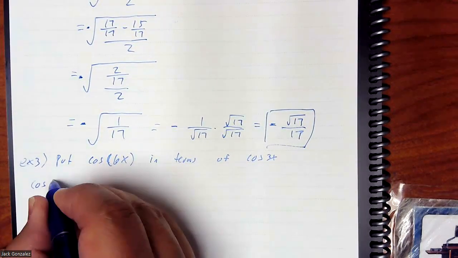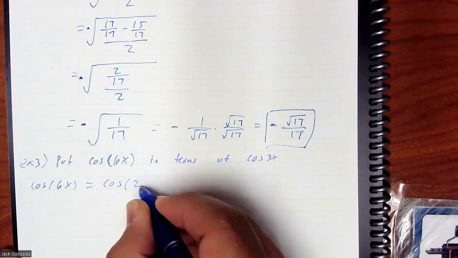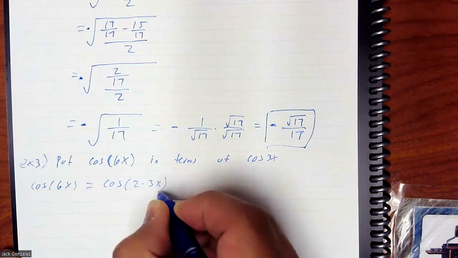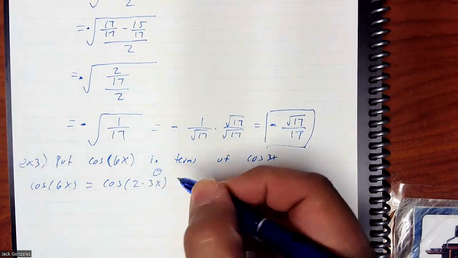So cosine of 6x, you agree, is the same as cosine of 2 times 3x, right? That makes sense. So we're forcing the double angle to show up. So this 3x is like our theta right there.